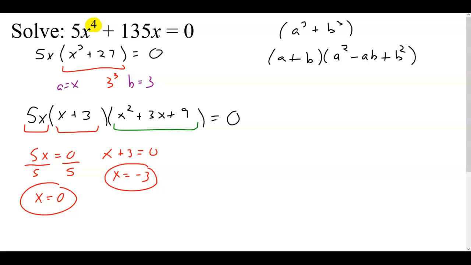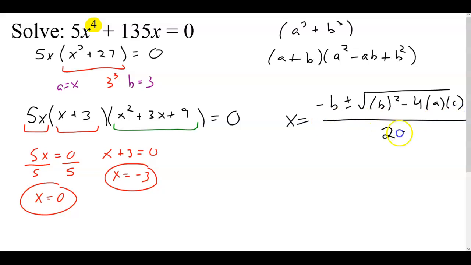And we learned that right before break. It's x equals negative b plus or minus the square root of the b value squared minus 4 times a times c all over 2 times a. So on our quadratic here, and I'm just looking at the quadratic, we have an a value of 1.